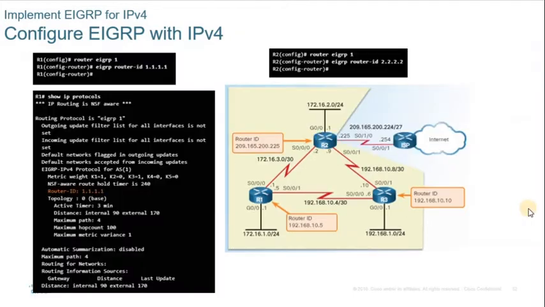Again, the hierarchy that we follow whenever there is a manually configured router ID. For example, let me show you on the next slide. Look at this. Let's say we manually configure R1 with router ID 1.1.1.1. And given all the physical addresses, they are 172 and 192.168.10.5 and the rest.